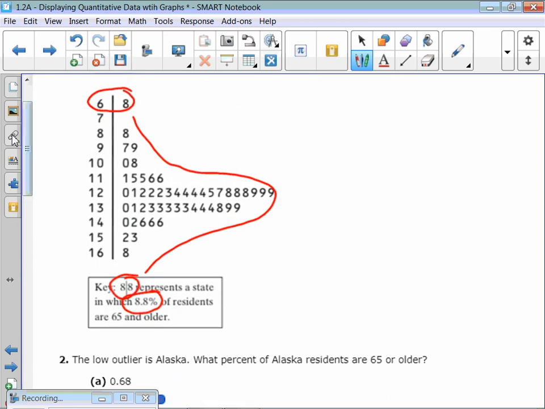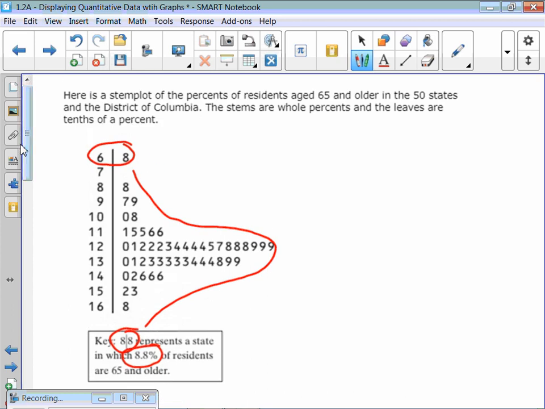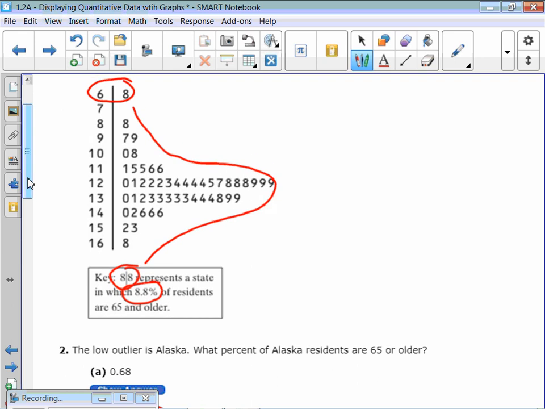This is where you could count or you could estimate, but you probably have to count, I think, on this one. So there are 50 states. I always look up here and see if it tells you how many numbers, so I don't have to count them. And then you got to go to 25 from left to right in order of least to greatest. So 1, 2, 3, 4, 5, 6, 7, 8, 9, 10, 11, 12, 13, 14, 15, 16, 17, 18, 19, 20, 21, 22, 23, 24, 25.